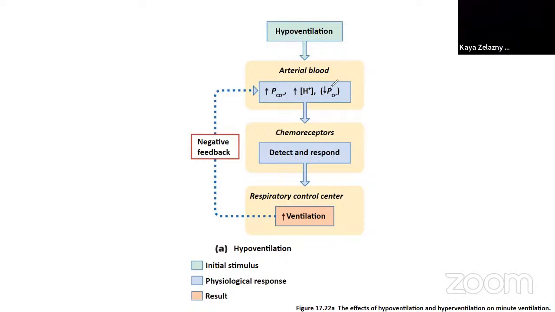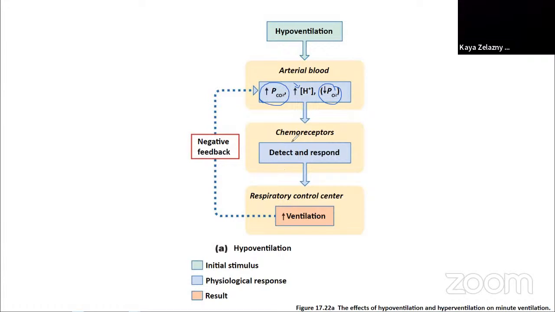You're not getting enough oxygen, but even more importantly, you're not breathing off enough carbon dioxide. So we start to see low partial pressures for O2 in arterial blood, high partial pressures for carbon dioxide. And because we have high partial pressures of carbon dioxide, we also have high levels of hydrogen ions, which means a low pH or highly acidic.